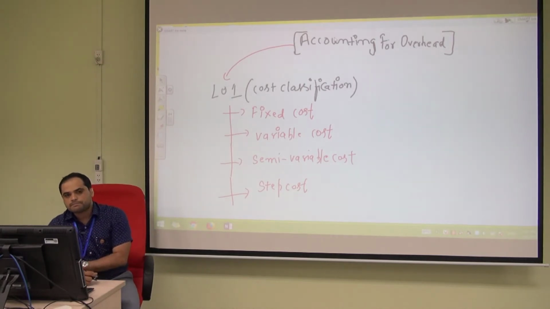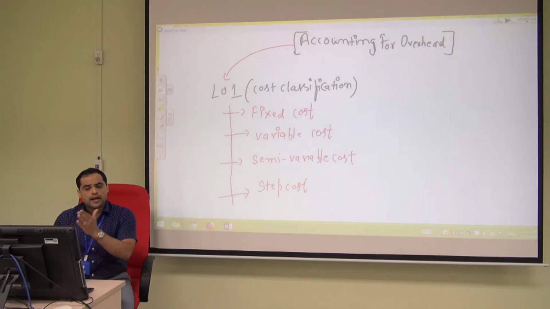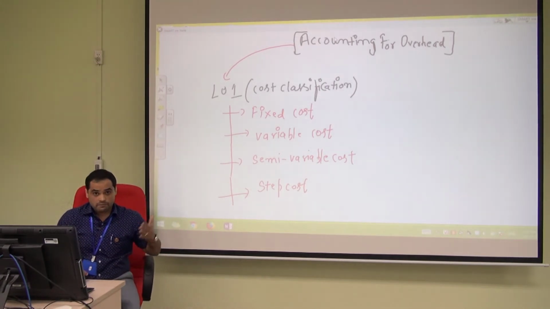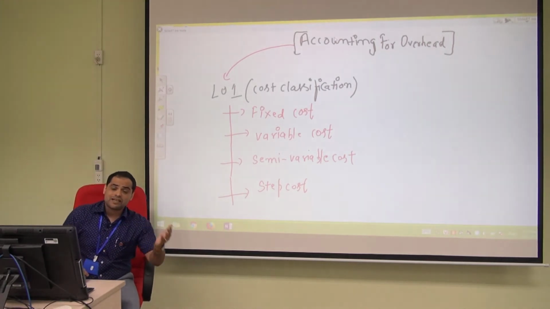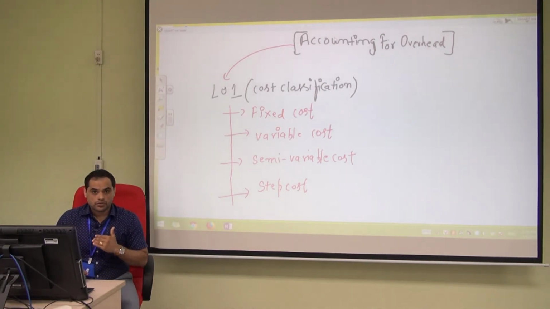Fixed cost means cost remains unchanged at different levels of production. It means the level of activity, the level of production, increases or decreases, but cost remains unchanged.